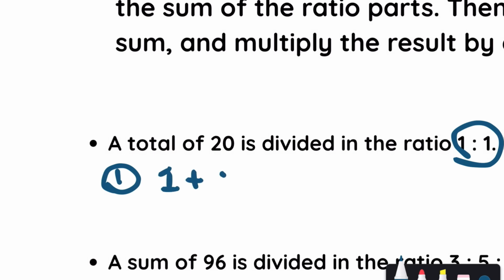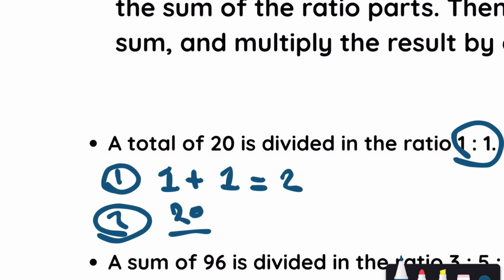So 1 plus 1, which is 2. Secondly, divide the total number by the sum. So 20 divided by 2, which is 10.